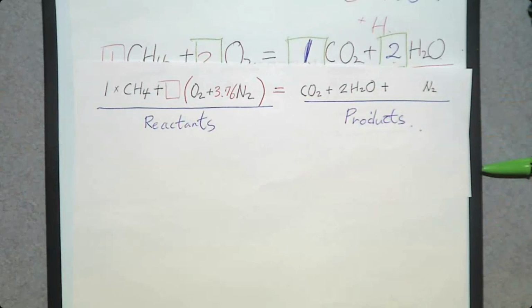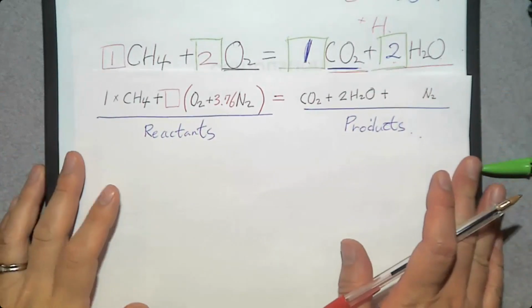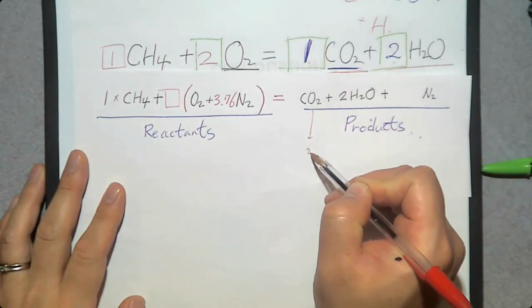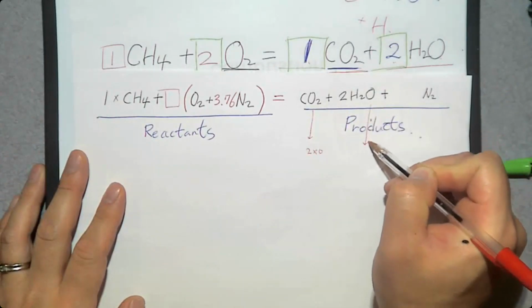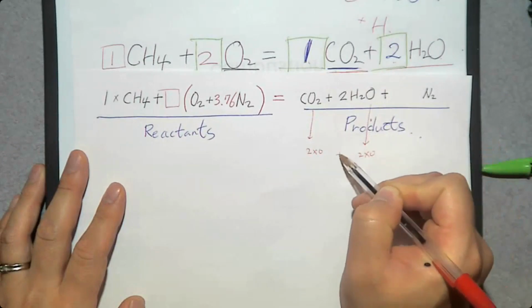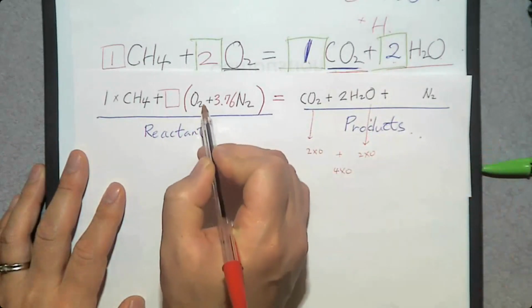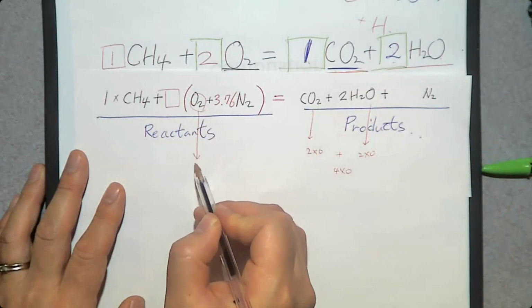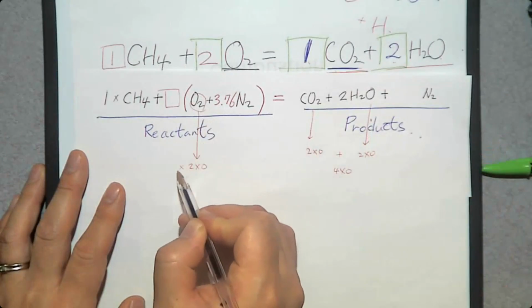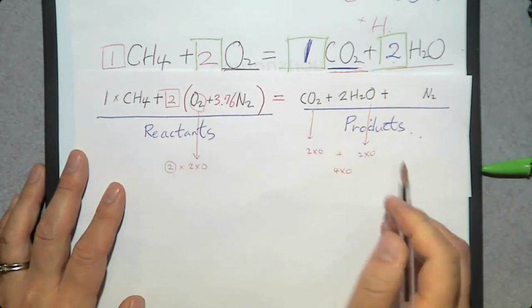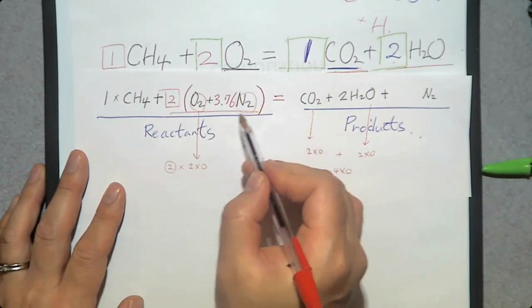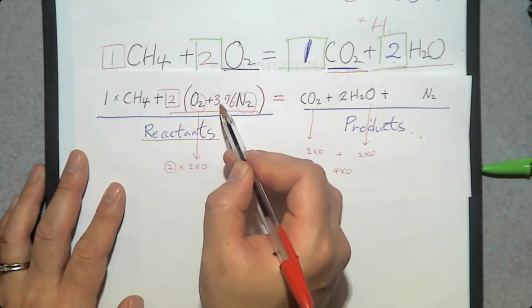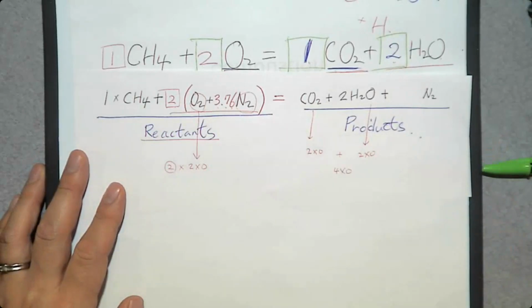So how many moles of oxygen are required? This one, we have 2 oxygen atoms. This one we have 2 oxygen atoms. Together we have 4 oxygen atoms, and each molecule has 2 oxygen atoms. So how many moles? 2. So how many moles of nitrogen in the reactant? 2 times 3.76.